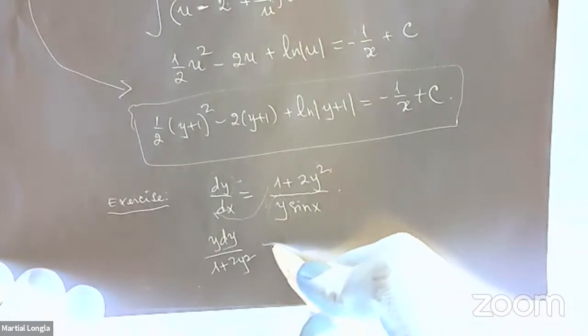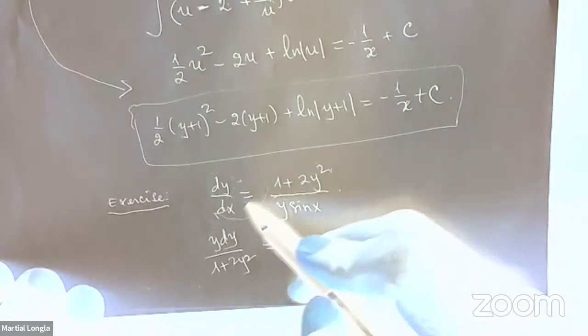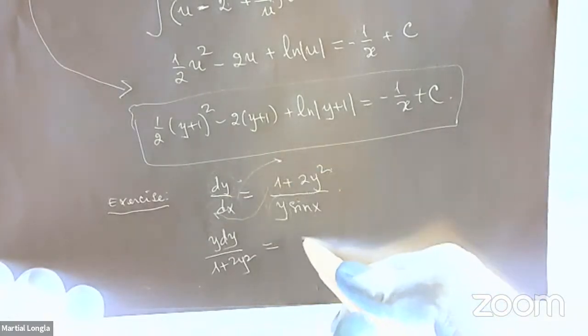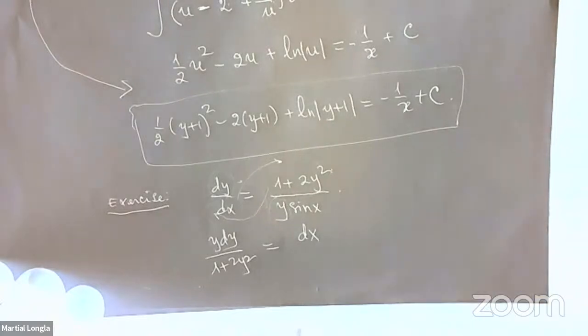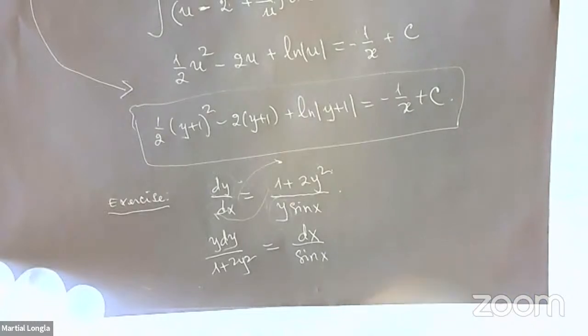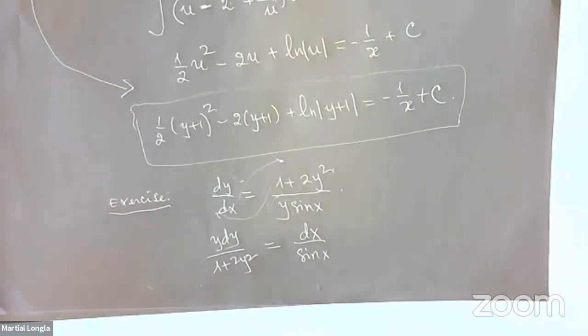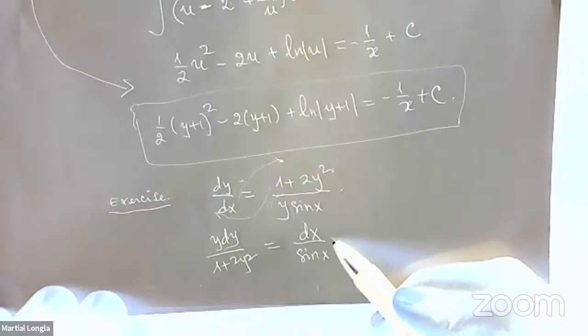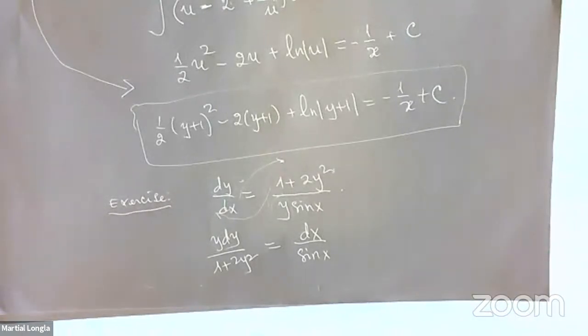And the dx goes to the top, so that is dx, and the sine x remains where it was. Are we good? Is that what you were asking? Where did cosecant come from then? 1 over sine x is cosecant. Oh, okay. Okay, I got it.